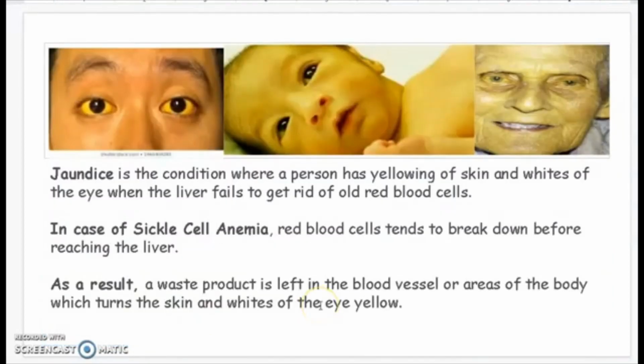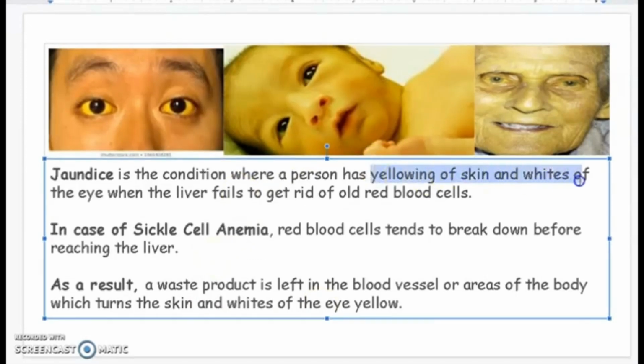Jaundice. I hope you enjoy the pictures. Jaundice is the condition where a person has the yellowing of skin and whites of the eye. And now this yellowing happens when the liver fails to get rid of old red blood cells. So that is the condition. Liver fails to get rid of old red blood cells, so you start turning yellow. Why?